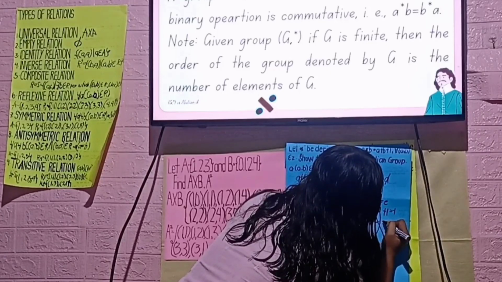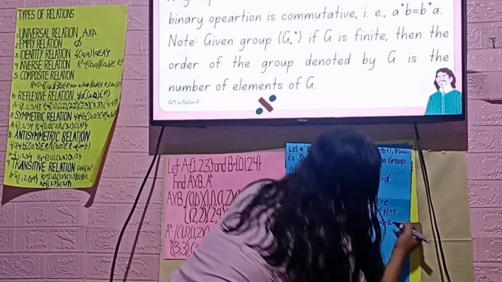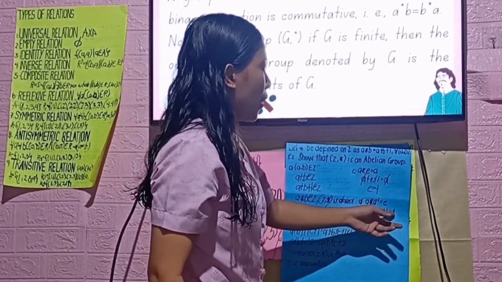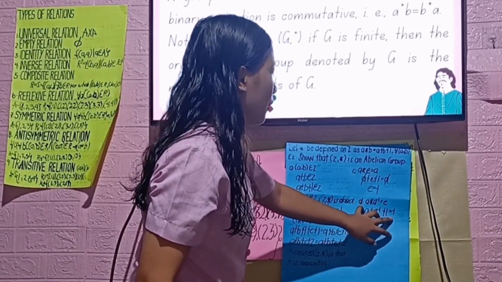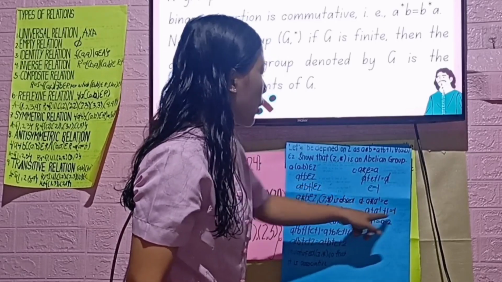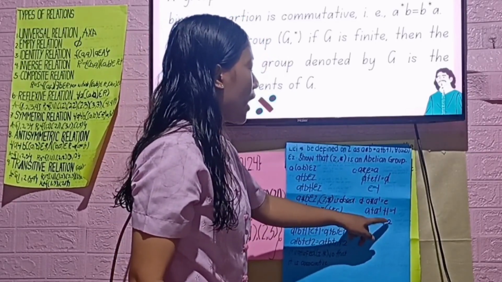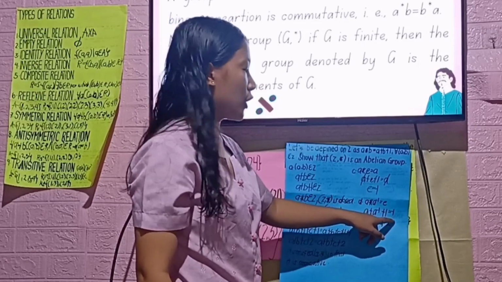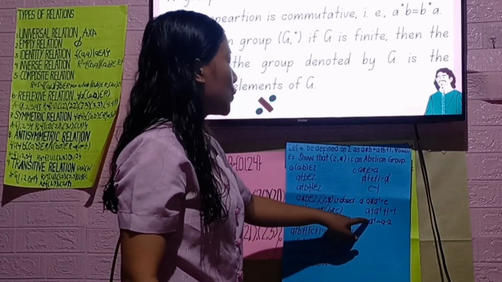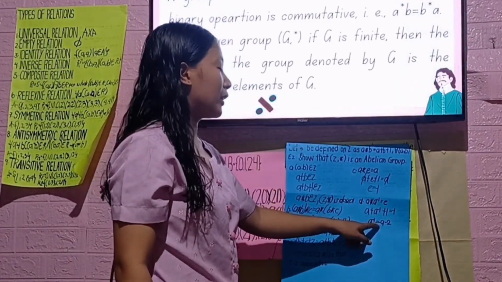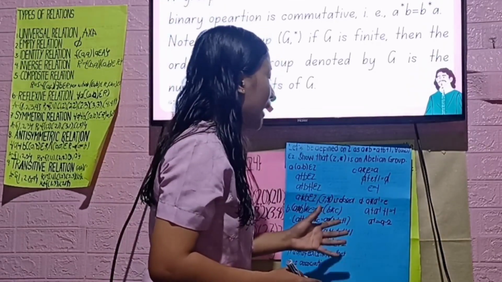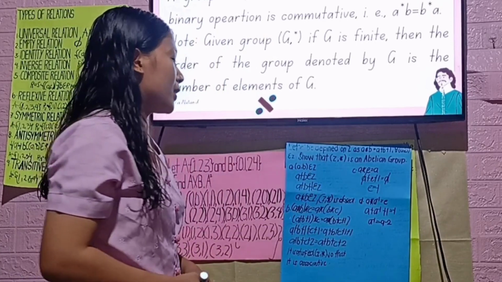A plus A inverse plus 1 is equal to negative 1. So we need to transpose A here, so it will become negative A. We also transpose the 1, so negative 1 minus 1 is negative 2. So A inverse is equal to negative A minus 2. So we prove that the inverse element exists.